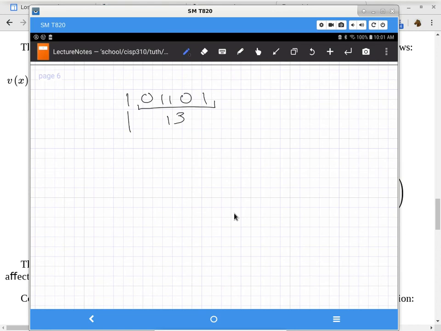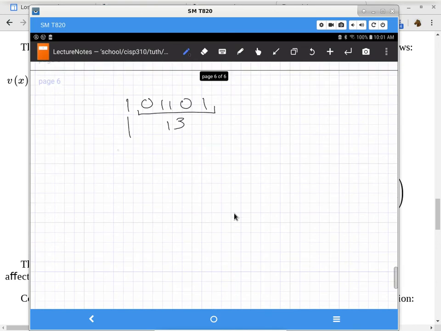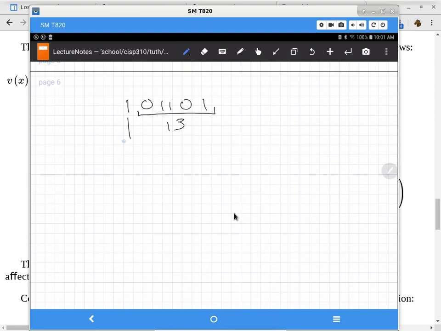Okay, so we got 32. So the value represented in this case, v of x, where x is the binary number, is 13 minus 32, which is negative 19, I think.